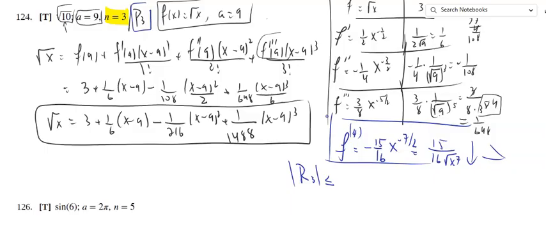So if a function is decreasing, and we're looking from 9, a equal 9, but we're going to approximate it at 10. So between 9 and 10, this in absolute value is going to be 15 over 16 times the square root of 9 to the 7th. So that is what M is.